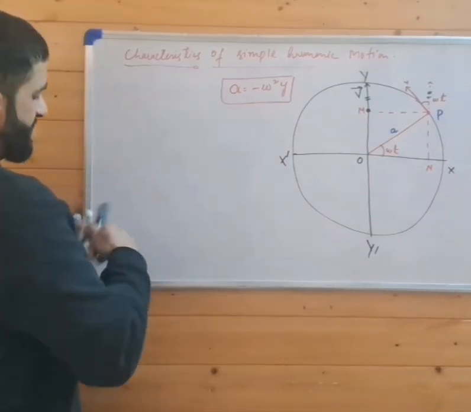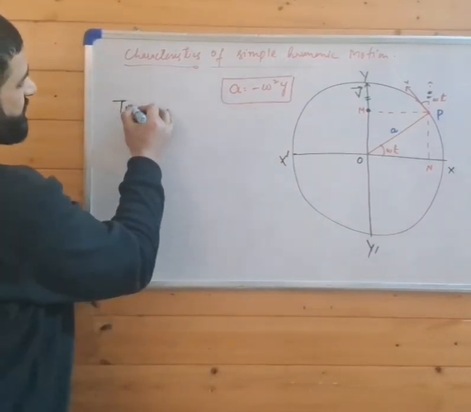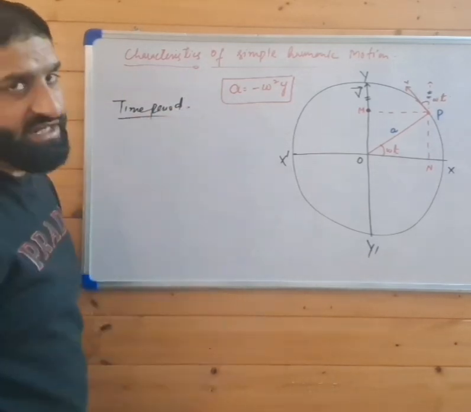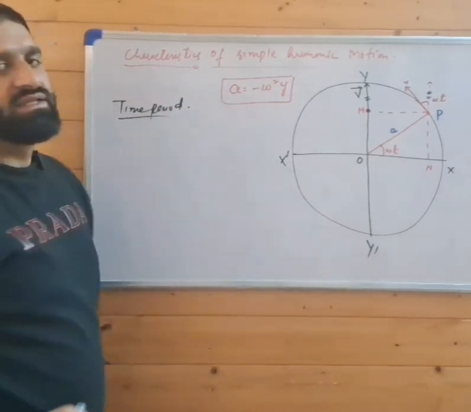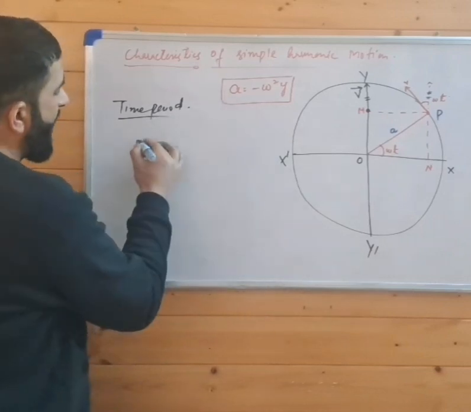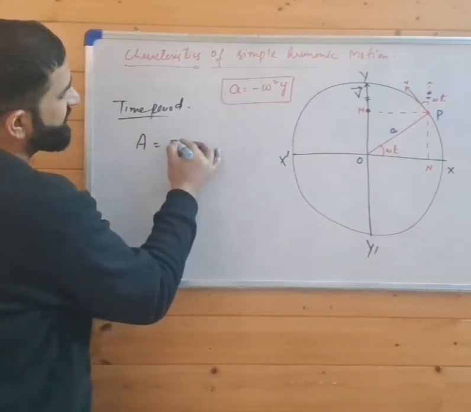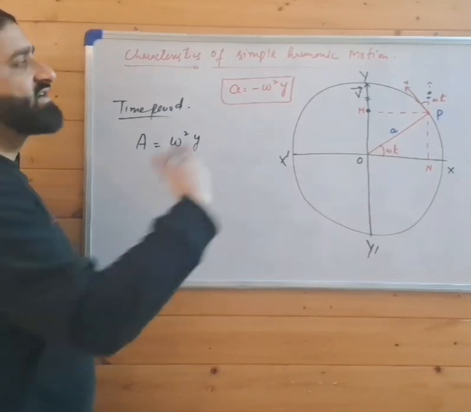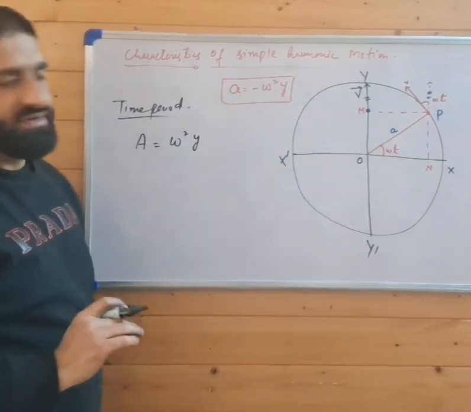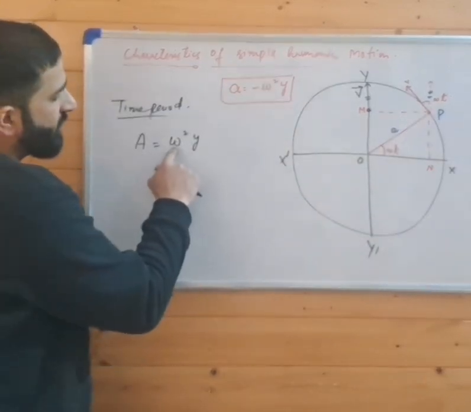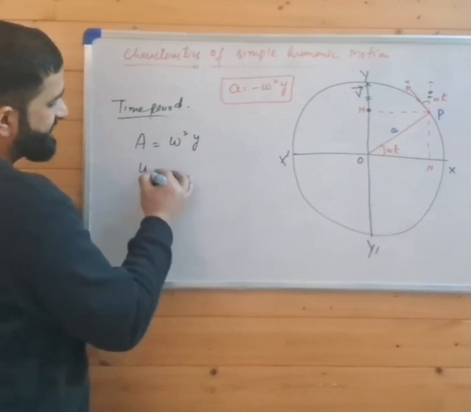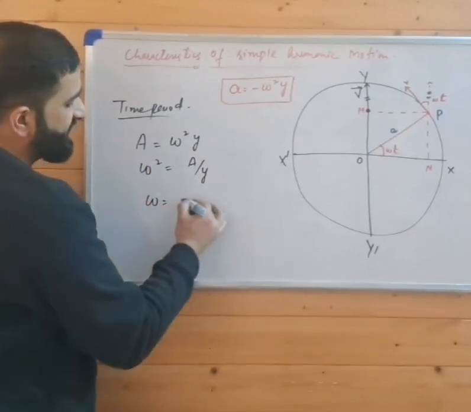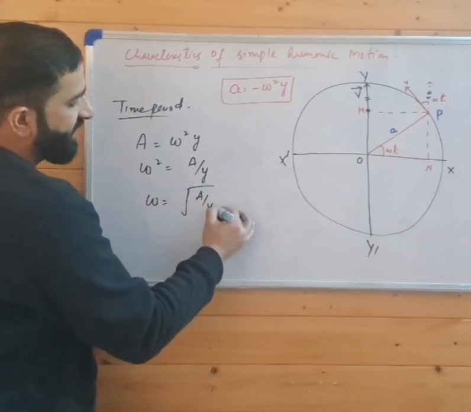Talking of the time period, the relation for the time period can be obtained from the relation of acceleration. The magnitude of acceleration is equal to ω² y. The minus sign tells us it is always opposite to the displacement. Now a is equal to ω² y, so I can say that ω² is equal to a divided by y, or ω is equal to root of a divided by y.